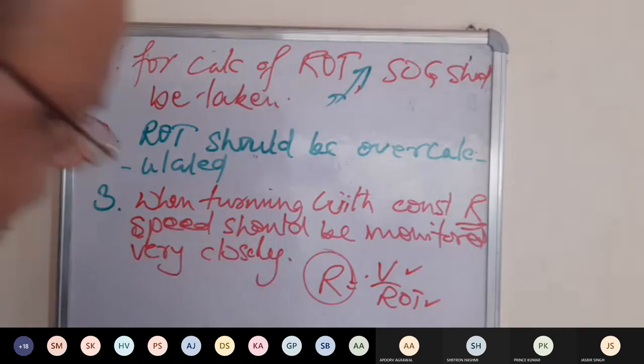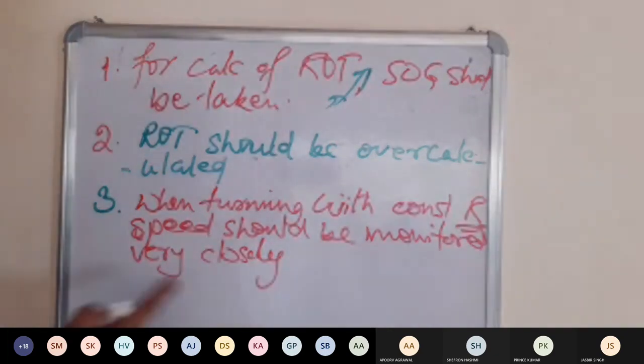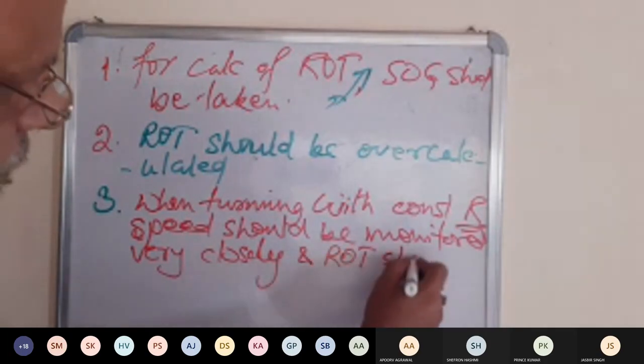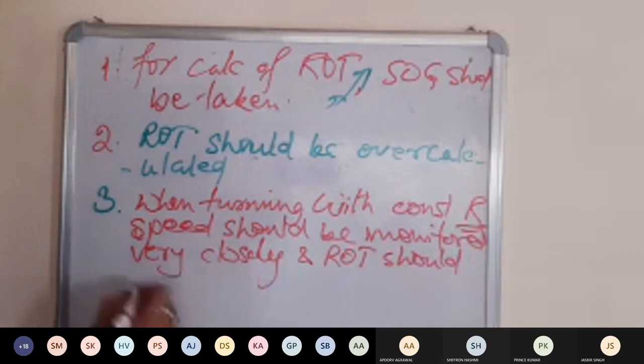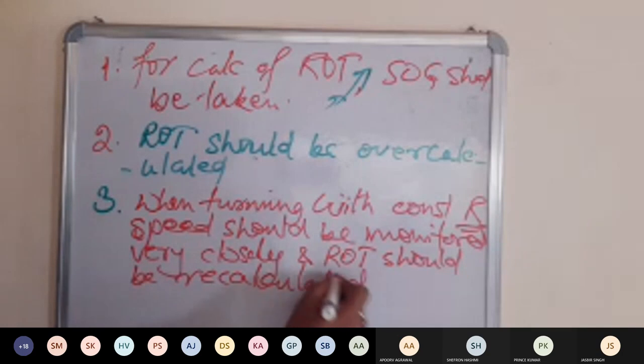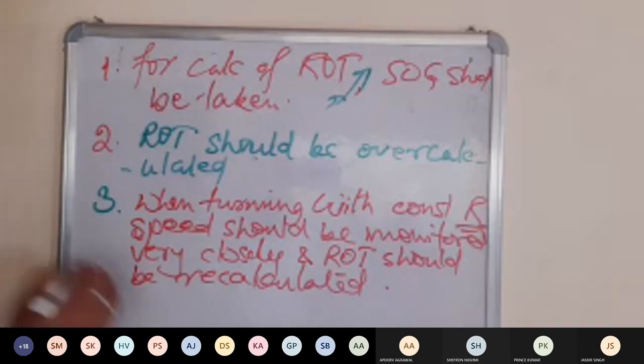So when turning with constant radius, speed should be very closely monitored and ROT should be recalculated for dropping speed of the ship.